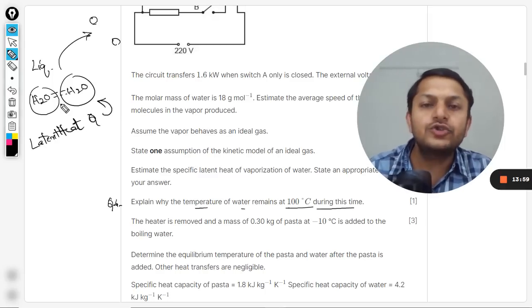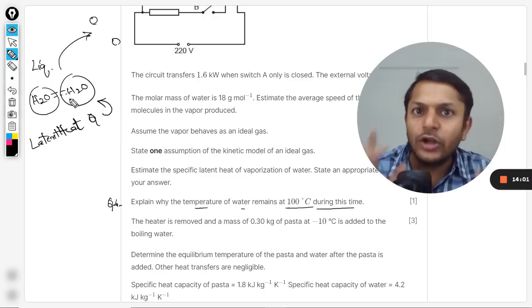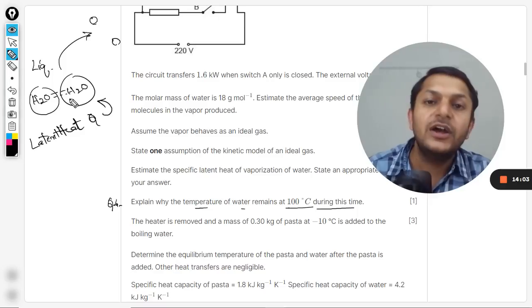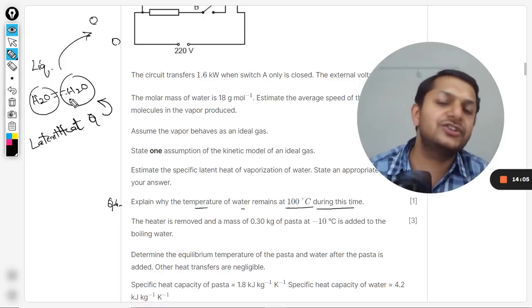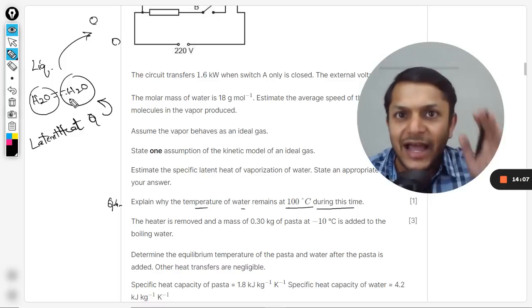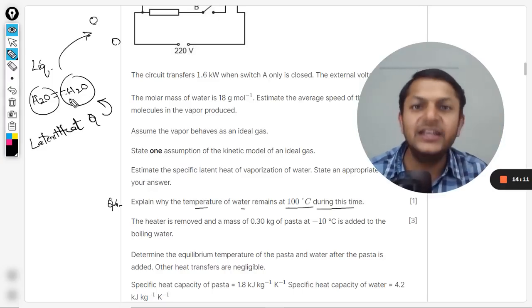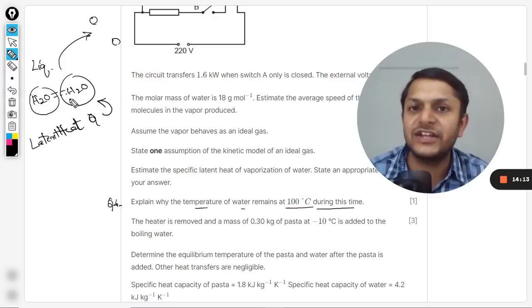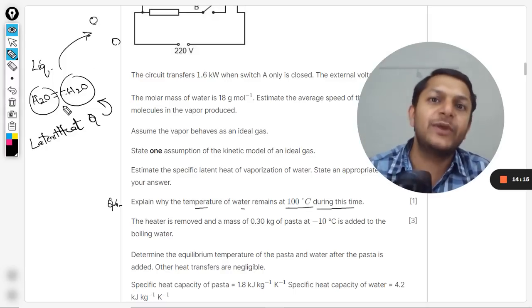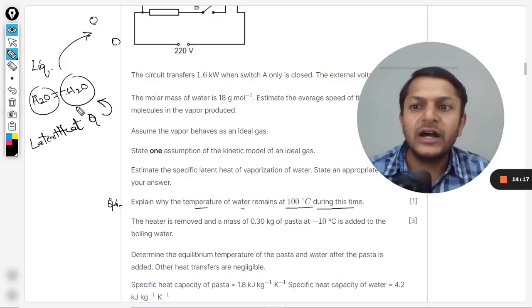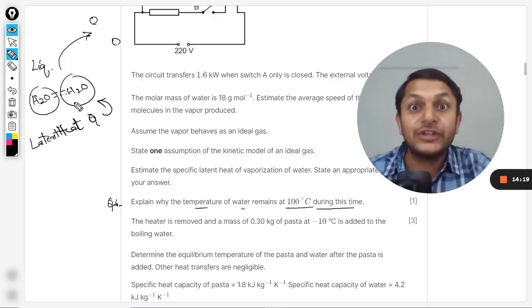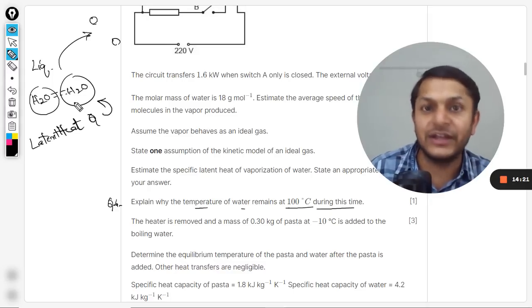This energy is used to break the bonds, but it is not the energy used to increase the kinetic energy of the molecules. The kinetic energy of the molecules is not increasing, technically, or in the ideal state we can say, but the bonding is breaking. So something is happening at the end of potential energy rather than kinetic energy.